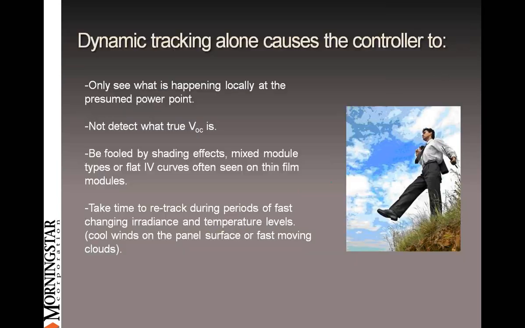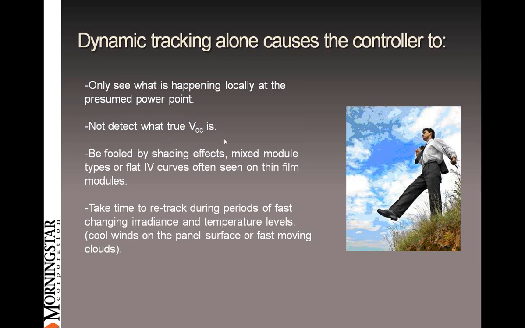The problem with dynamic tracking is there are several issues that aren't ideal if you're only using dynamic tracking. First of all, you only see what's happening right at the power point. You never really step back and look at the big picture and see what the VMP is doing, what's going on with the array. The other thing is you don't really even know what open circuit voltage is.